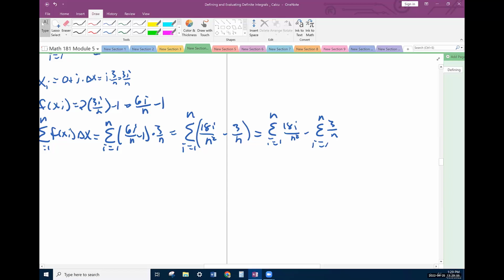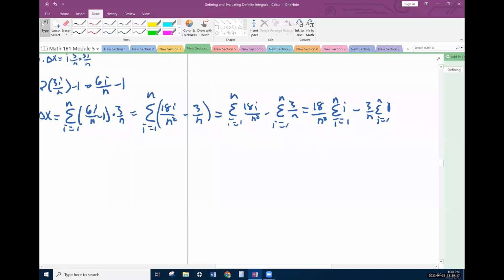So we have 18 over n squared times the sum as i goes from 1 to n of i, minus 3 over n times the sum as i goes from 1 to n of 1.